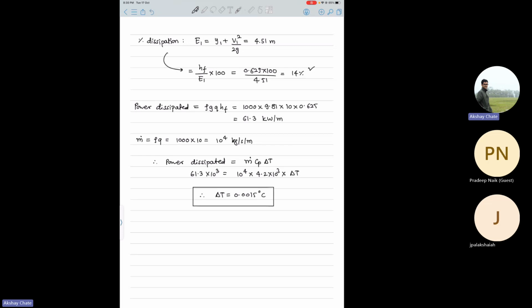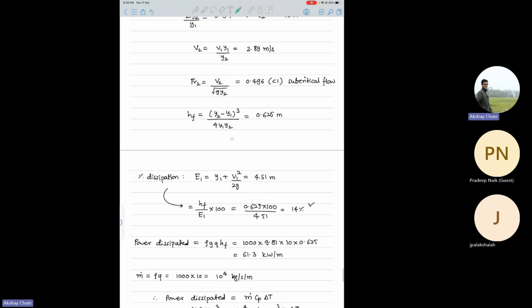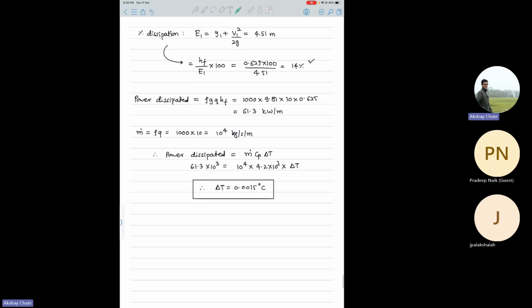It won't result in much temperature rise. In case of higher Froude numbers, see here upstream Froude number was around 2.3. So here the delta T is not much, but if it is, let's say, around 10 or more than that, maybe you can get 1 degree Celsius temperature rise also. So you need to consider that also.